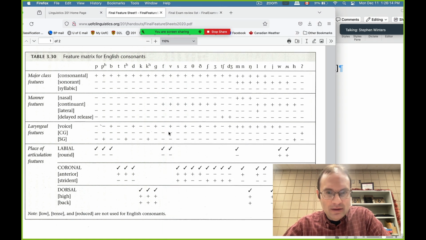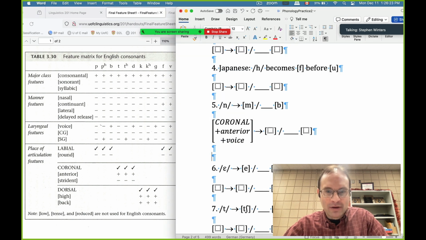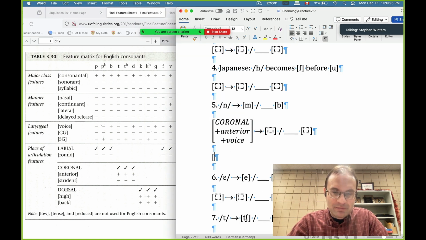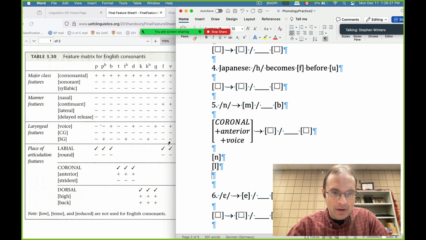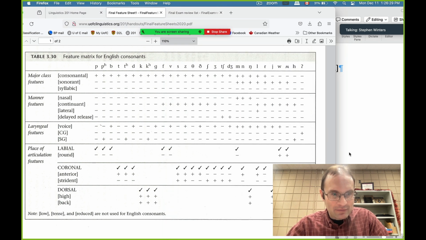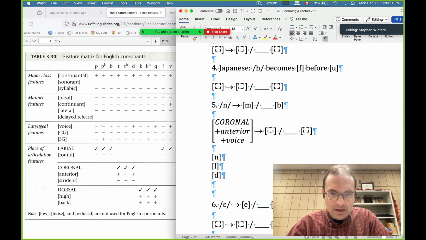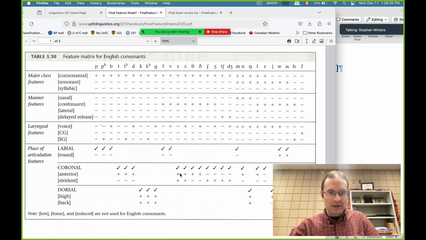So at this point we're dealing with voiced anterior coronal things. Hopefully you can see this. So in that case, we have N, we have L. What else do we have? I think we have D. I think we have Z. Do we have anything else? We have eth.